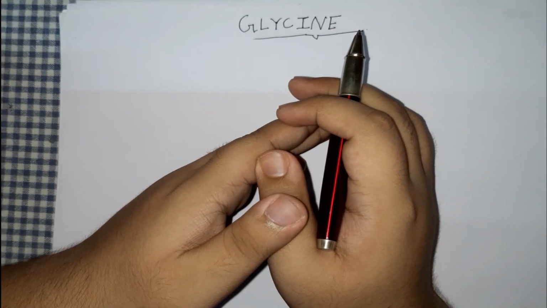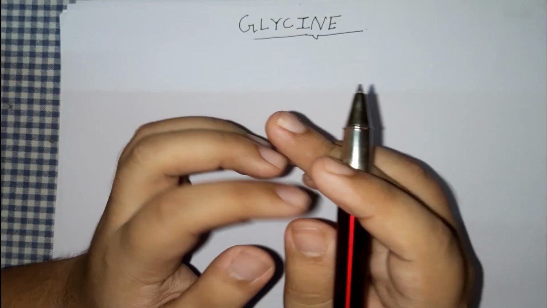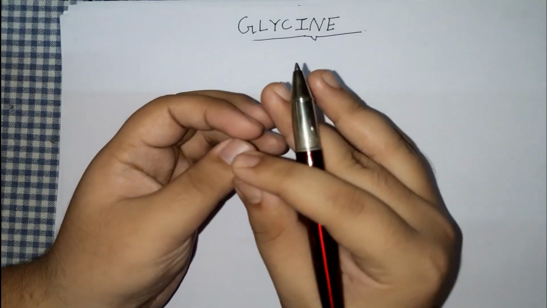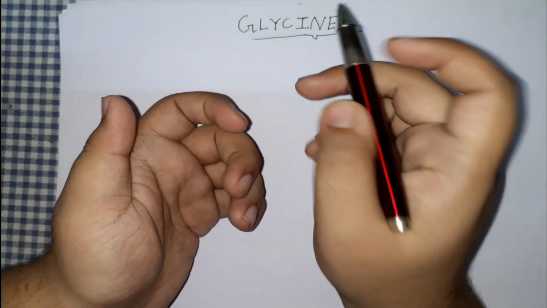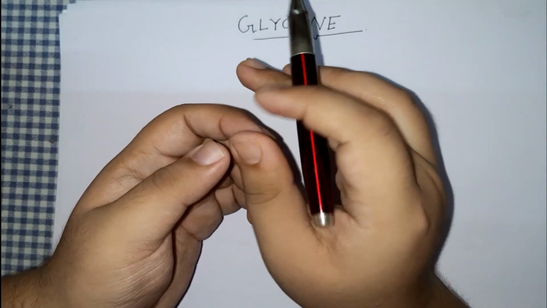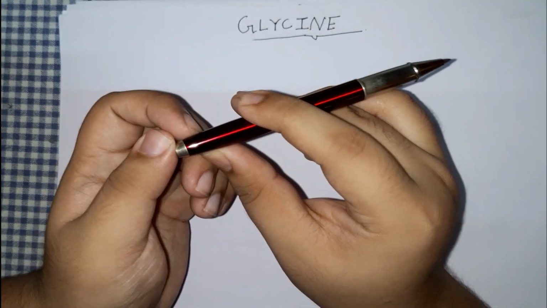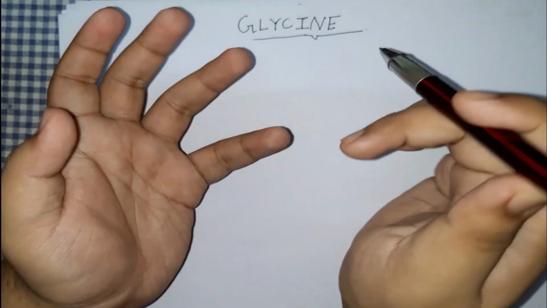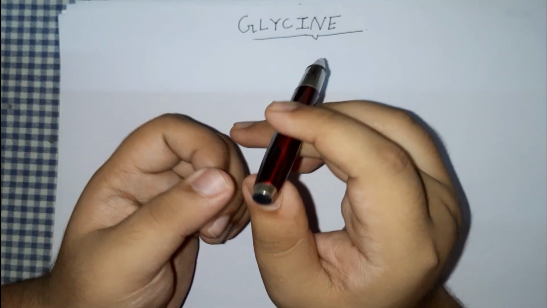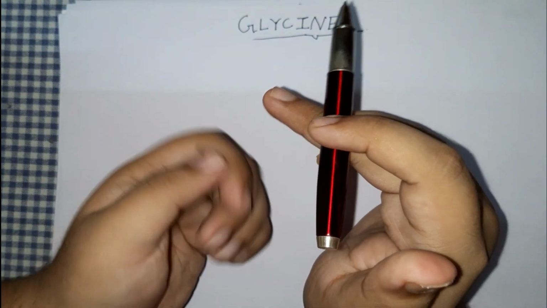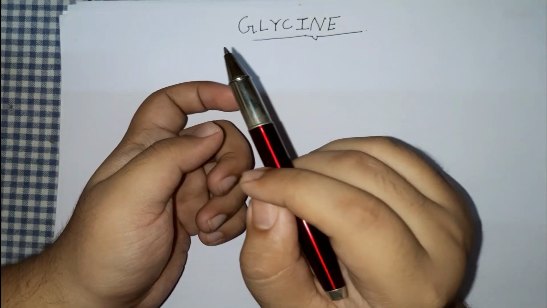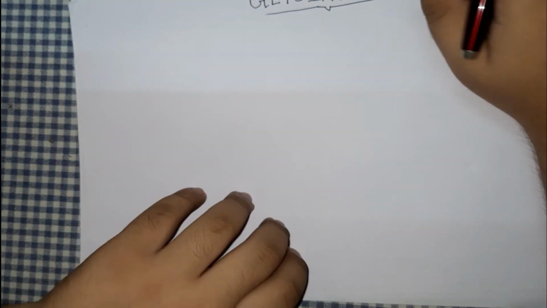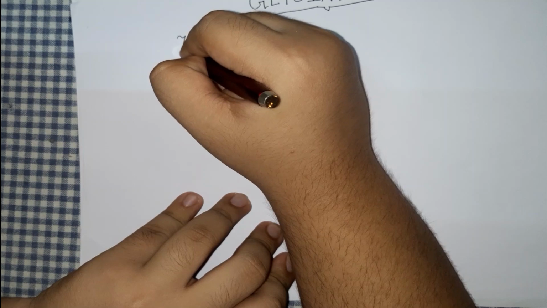For any amino acid metabolism that we study, we first have to see how that amino acid is actually formed, that is, the different reactions, the different pathways by which that particular amino acid is formed. Then secondly, we have to see how this amino acid is broken down, or how it forms different products by the different metabolic functions of this amino acid. All right. So two things. First is obviously formation.